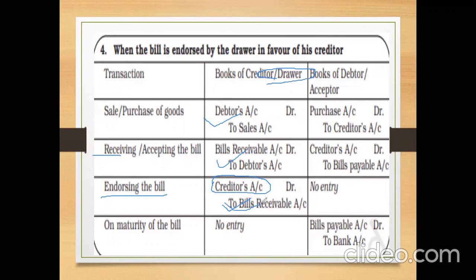And now the creditor of this drawer becomes the endorsee and he is supposed to receive money on the date of maturity. On the date of maturity, the drawer is not in possession of the bill of exchange because he has already given his bills receivable to his creditor. That's why on the day of maturity of the bill, there is no entry in the books of drawer.